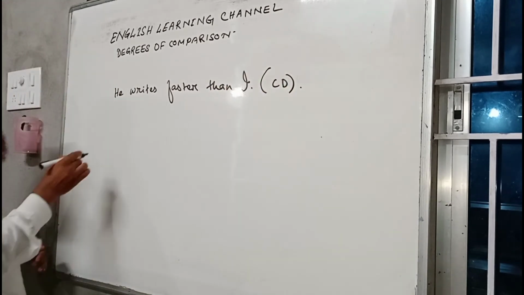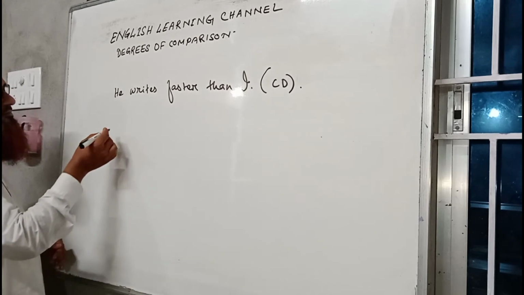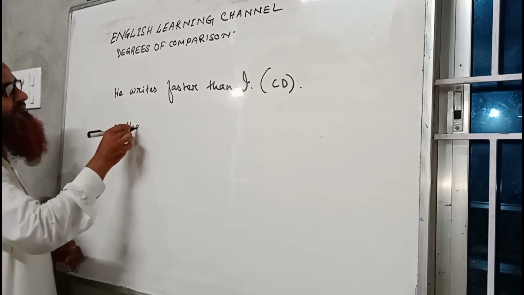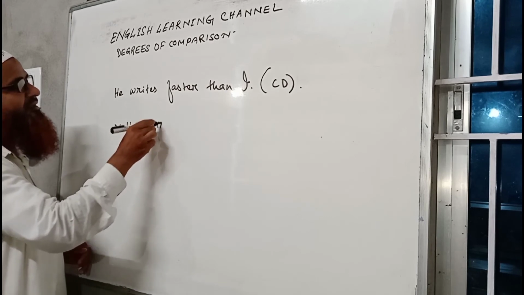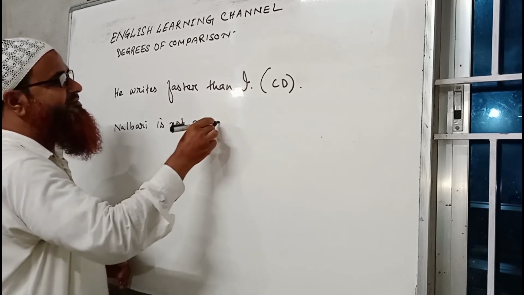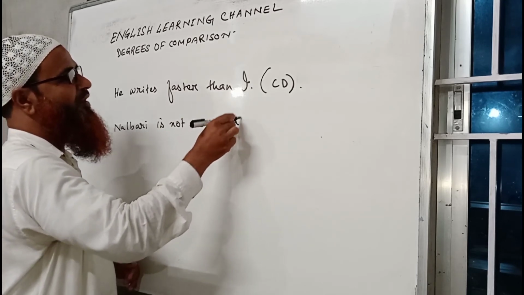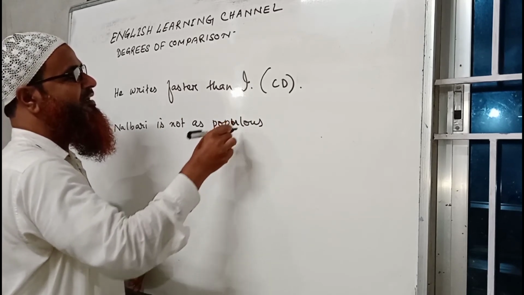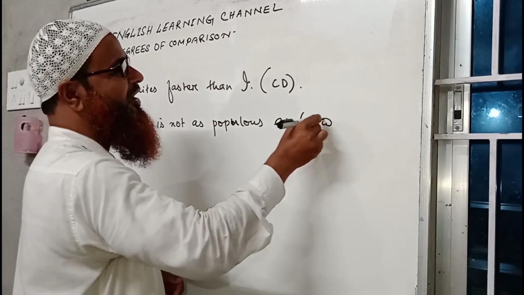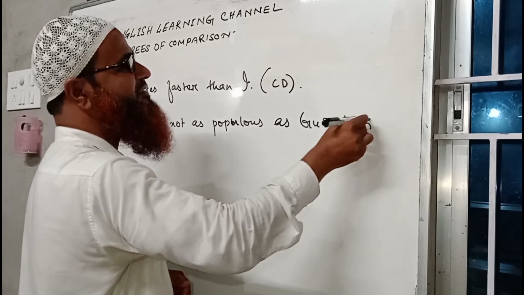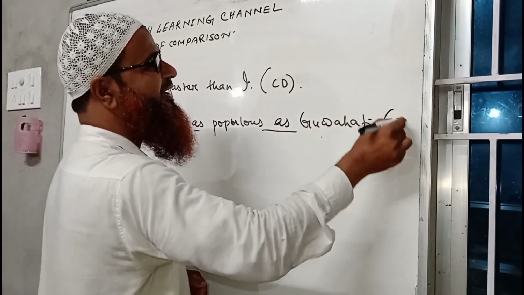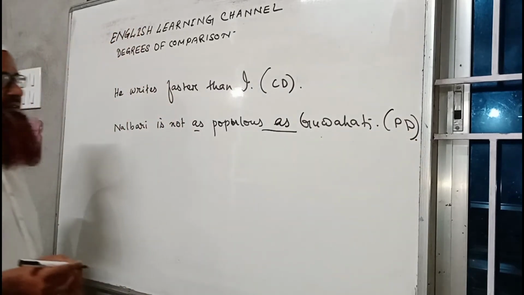Again I write: Nalbari is not as populous as Guwahati. So as is present, so it will be PD, positive degree.